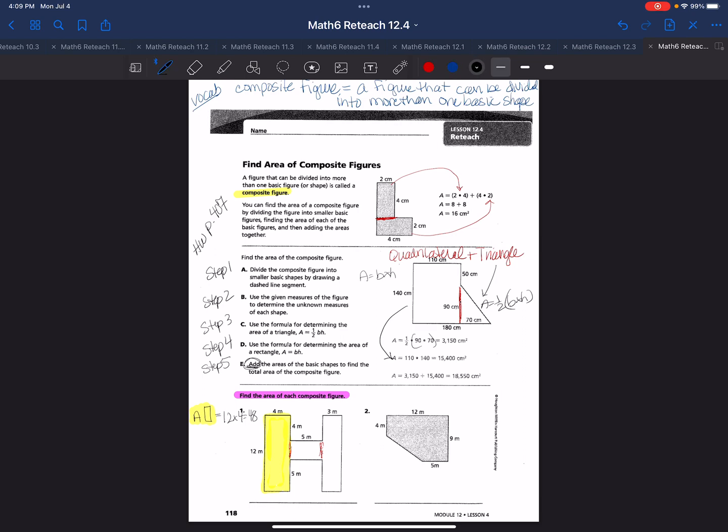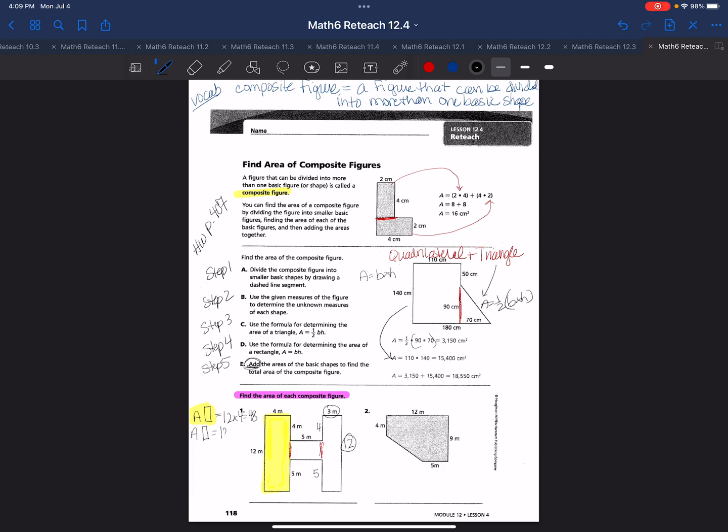Okay, then the next one is going to be the one to the side. So I'm going to find the other rectangle, which is going to be, I need to figure out these. So if I have 3 on this side, if this side is 4 and this side is 5 and this entire side length is 12, this will still be 12 because this is 12.